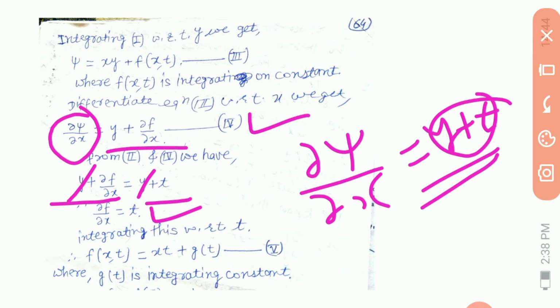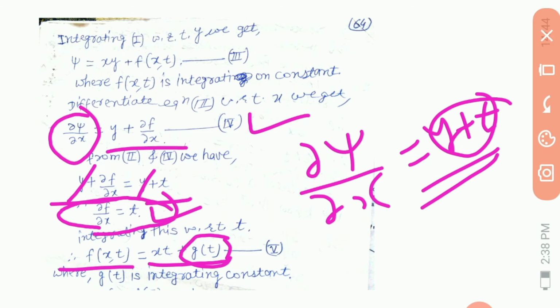Now integrate dou f by dou x is equal to t with respect to x. We get f of x, t is equal to xt plus integration constant g of t. Suppose this is equation fifth.